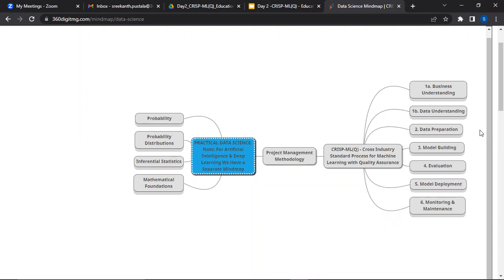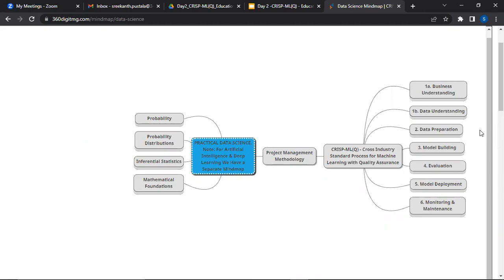So the second phase that we have is data understanding. The data mining process involves extraction of information from the data, and requires data preparation, model building, model testing, and computing lift for a model, applying it, and we have something called model deployment.